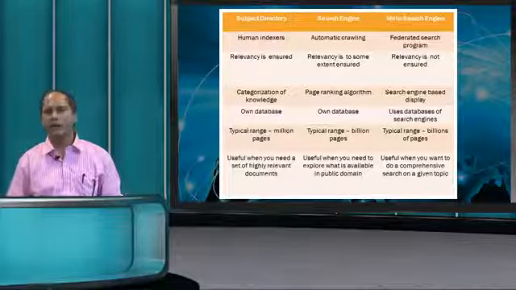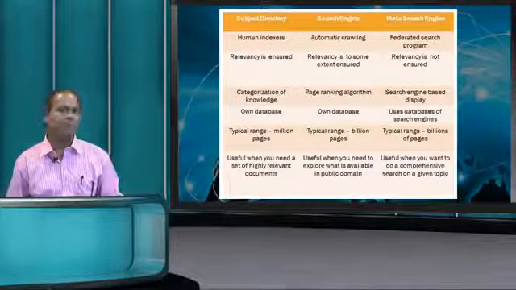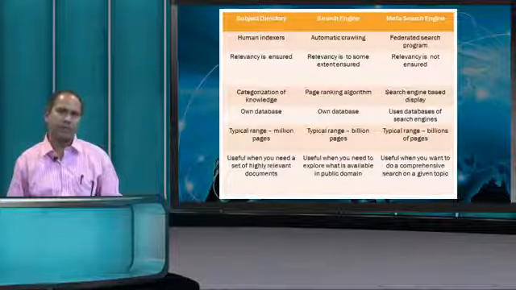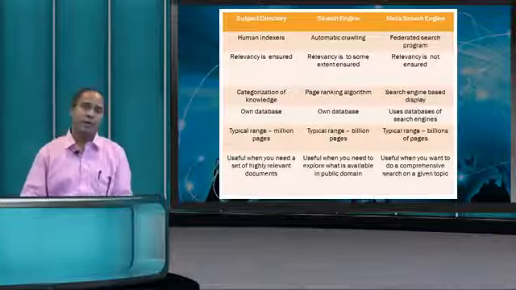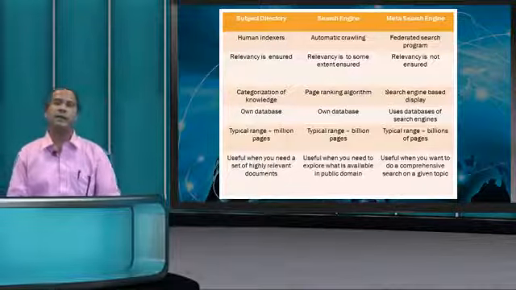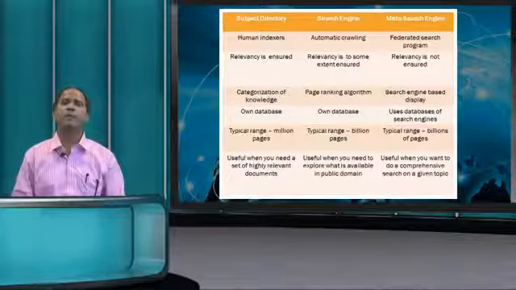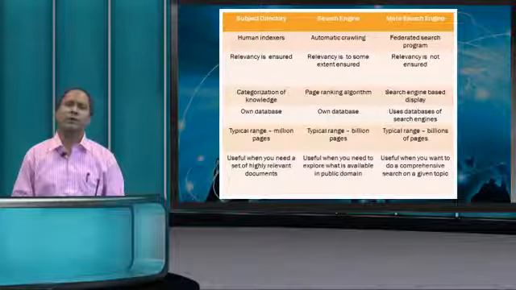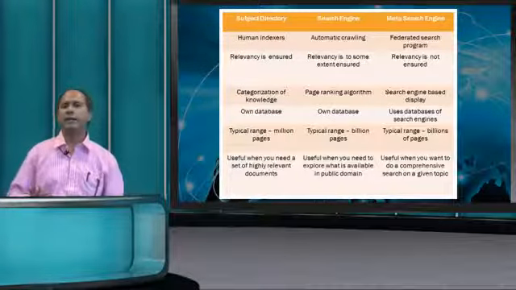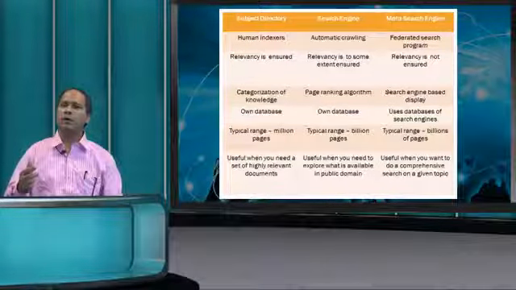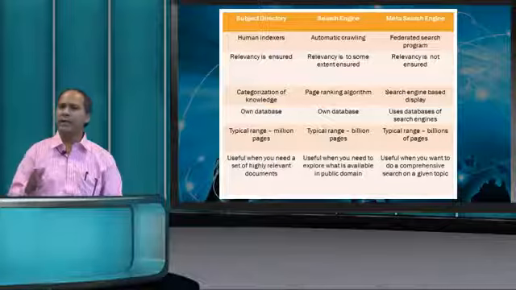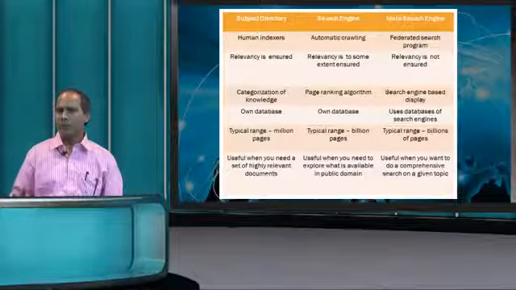They don't have their own databases. They don't have their own search mechanisms. They are using the databases of search engines, and the typical range, as you can imagine, is billions and billions of pages. The only advantage is that you don't have to use different search engines at one go.